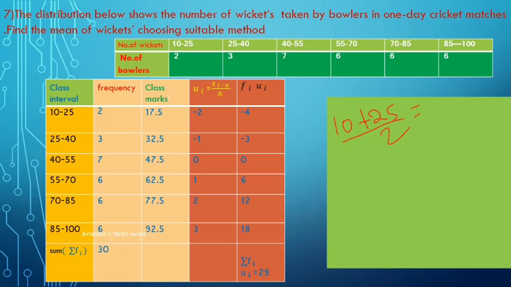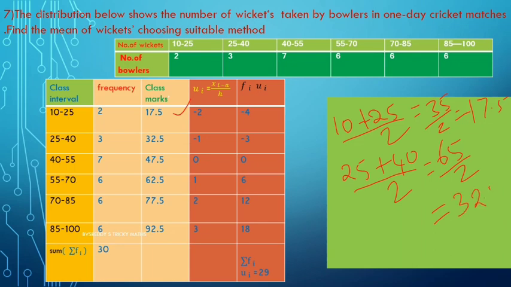So for 10 to 25, 10 plus 25 is 35 by 2, that is 17.5. Again 25 to 40, 65 by 2, that is 32.5. In this way you can write the remaining class marks, that is 47.5, 62.5, 77.5, 92.5.